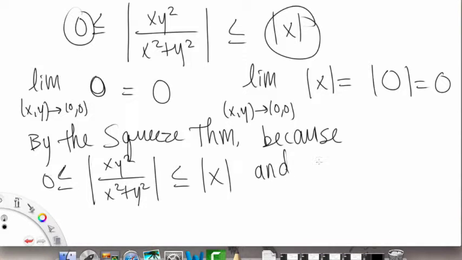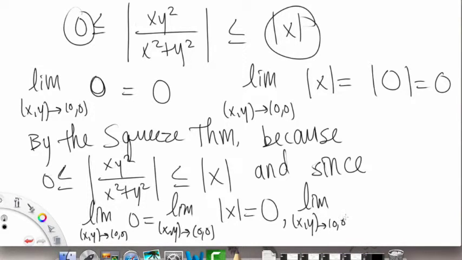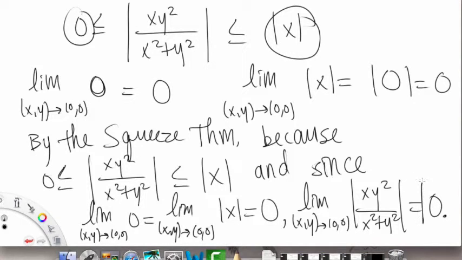And since the limit as (x, y) goes to (0, 0) of 0 is equal to the limit of the absolute value of x, which is equal to 0, then we have that the limit as (x, y) goes to (0, 0) of our function, xy squared over x squared plus y squared, is equal to 0 as well.